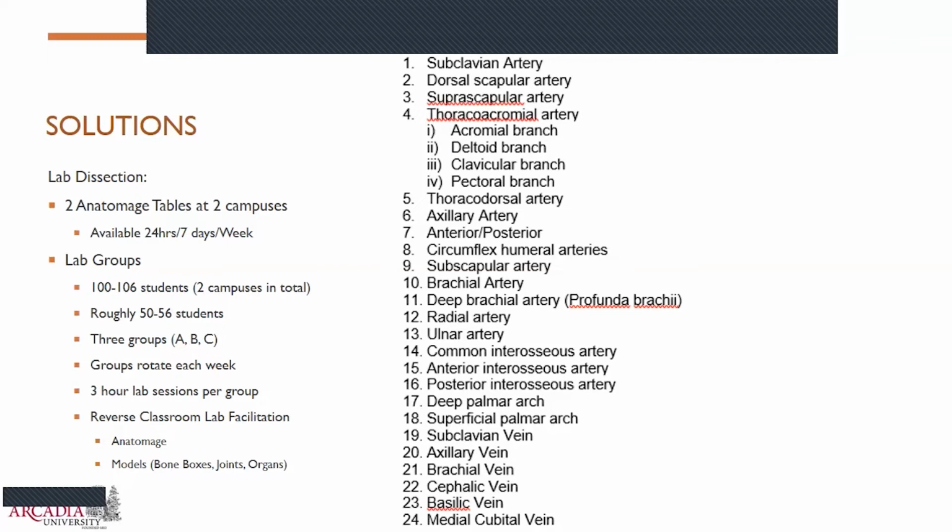Again, they had access to our pre-recorded lectures. They had their own textbooks, and then they also had the different functions within the Anatomage table, which over the course of the last 4 years has improved in terms of additional features that have been incorporated onto the table.